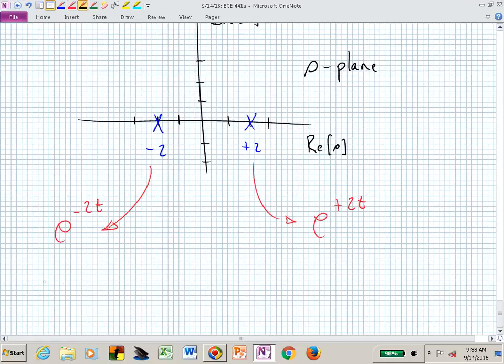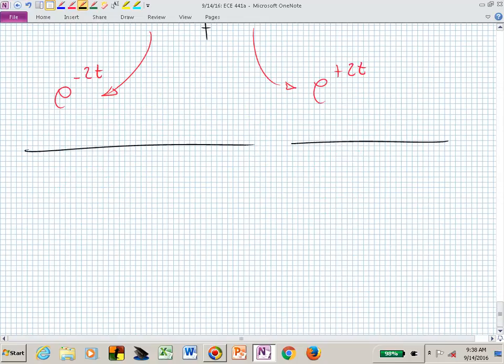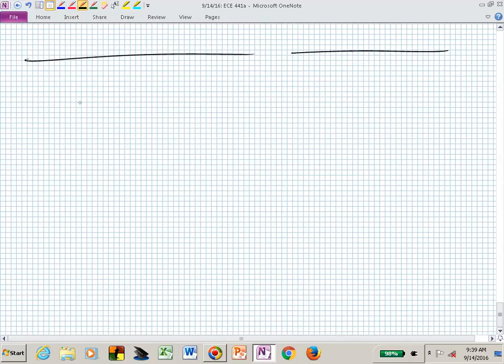Now we're ready for system identification, and now we do need our eyes to be wide open because we're trying to identify a system. So let's look at system identification.